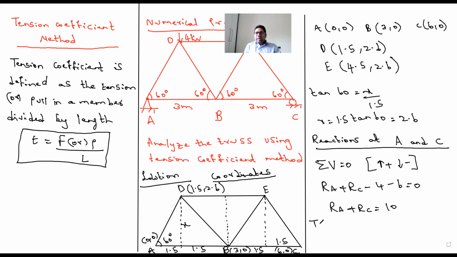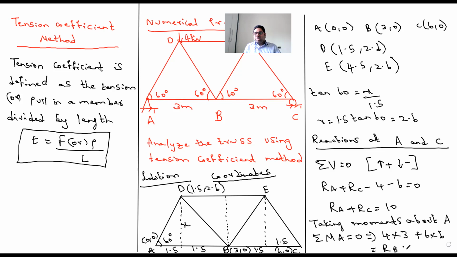Next, taking moments about A, sigma MA is equal to 0. Clockwise positive implies 4 into 3 plus 6 into 6 is equal to RC into 6. Sorry, nobody is correcting me.